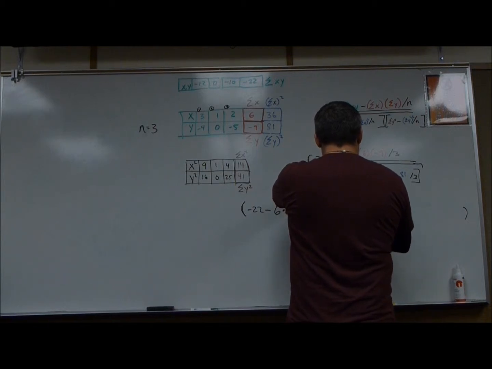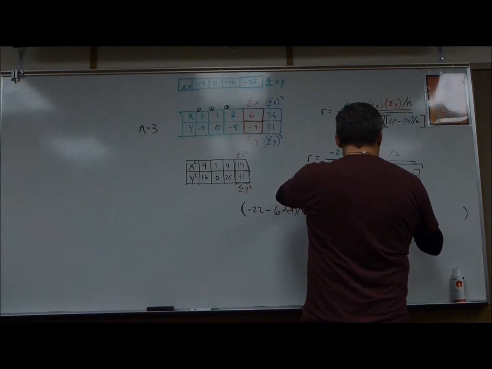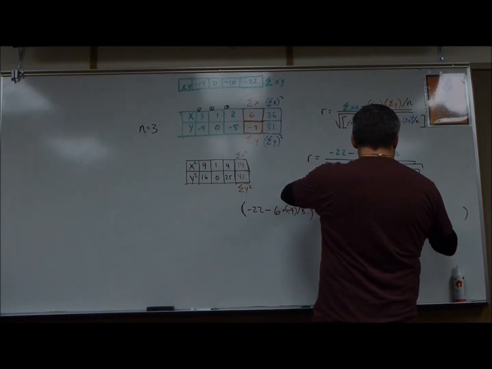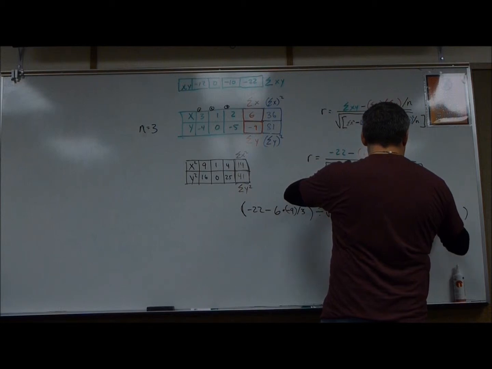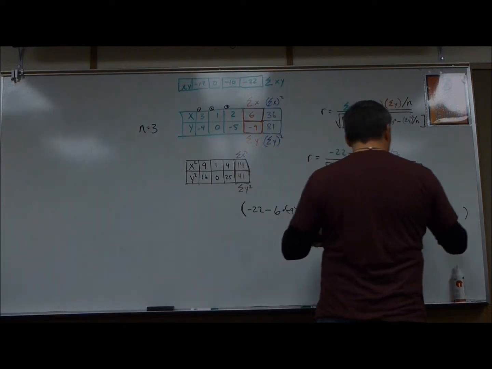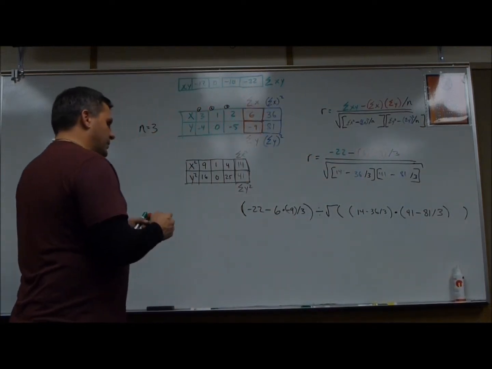Let's say I have a bar here, and it's 14 minus 36 divided by 3 times, and a bar here, 41 minus 81 divided by 3. And so there you go.